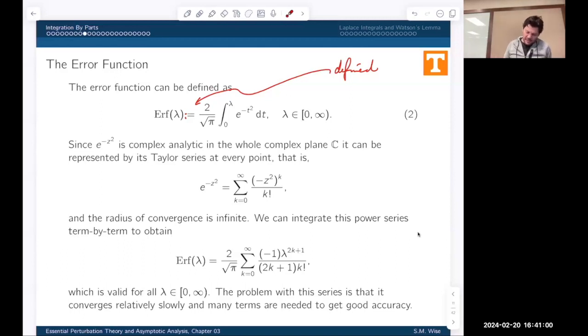Okay, so the story behind this, and the problem with this infinite series, is that it's very slowly convergent for even modestly large values of lambda. So if we're really looking for an asymptotic approximation of the error function as lambda gets very large, this is not going to be very helpful, because the convergence gets really bad as lambda gets large.